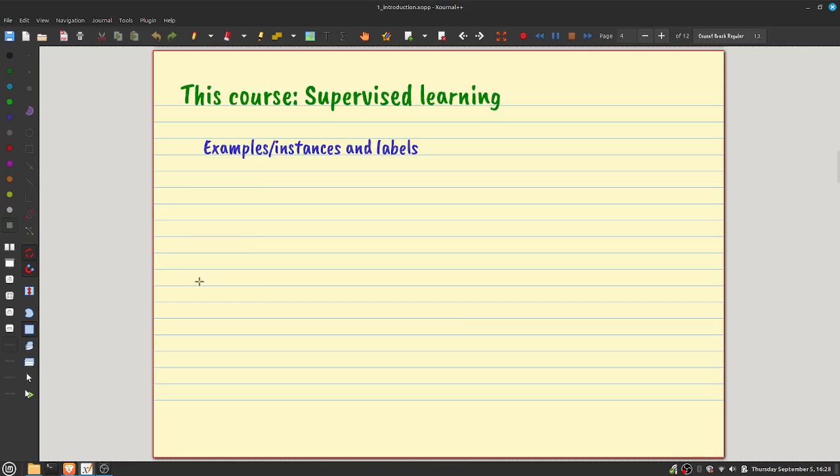Right. And so in this course, as I mentioned earlier, we'll be looking at a broad class of problems called supervised learning problems, wherein you make some observations, you get some data, and you design an algorithm, and then you go out and test it. You start using it immediately. So once you design the algorithm, that's it.